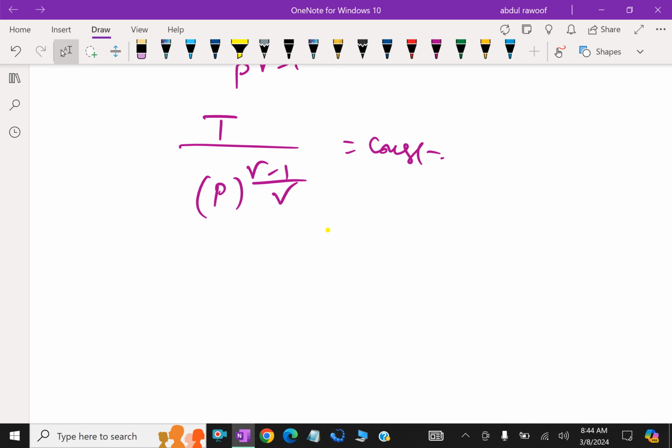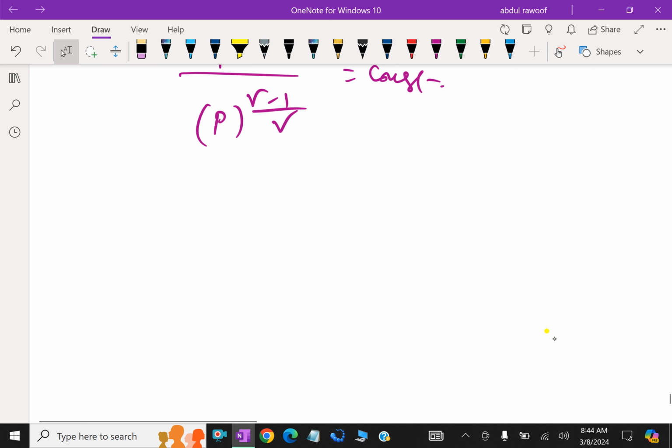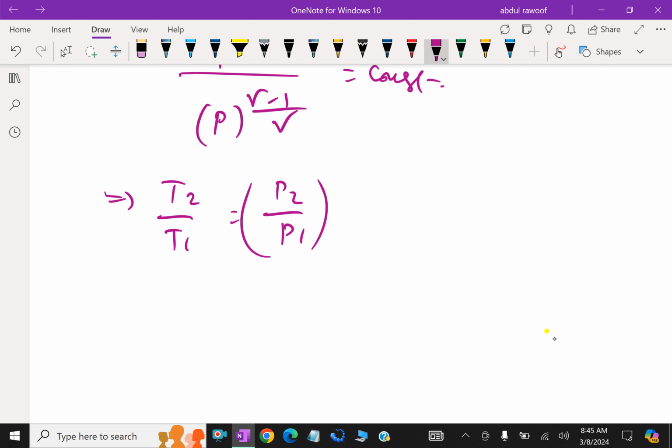Now by using these relations, we have finally, in general, T over P power gamma minus 1 over gamma, for another process T1 and T2 you can write it. Therefore, from this we can write T2 by T1 equal P2 by P1 power gamma minus 1 over gamma.